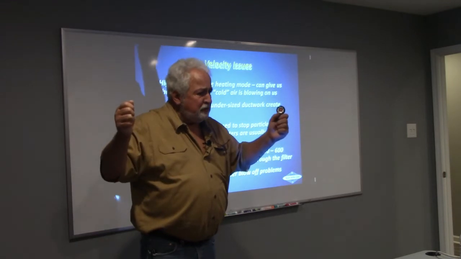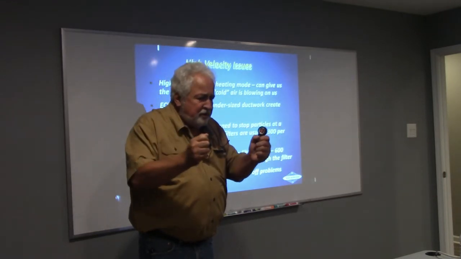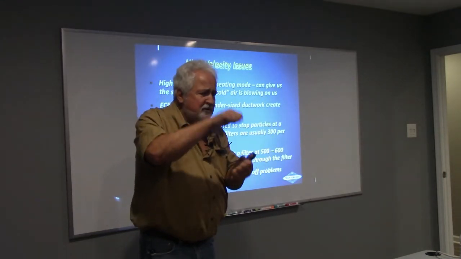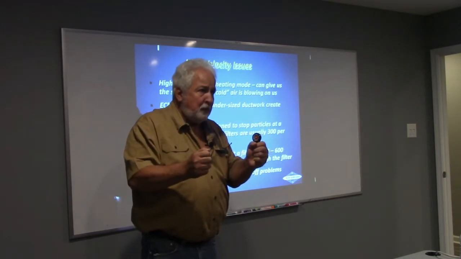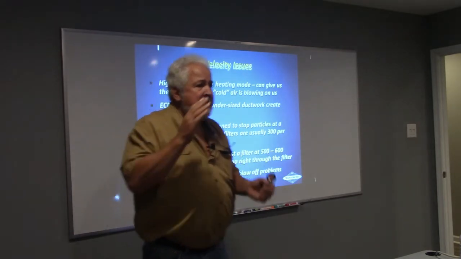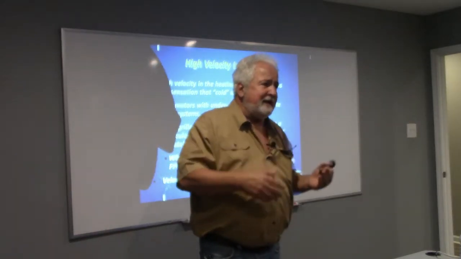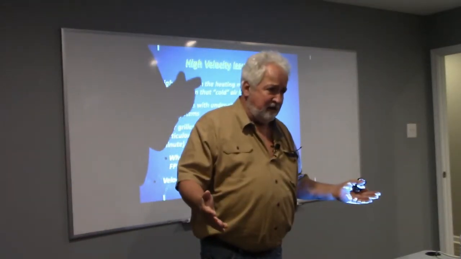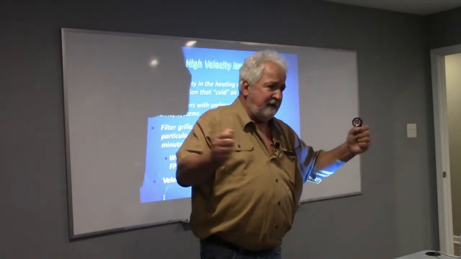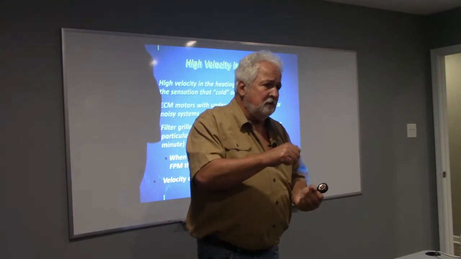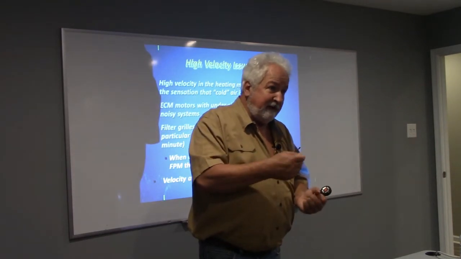So what we're doing is saying that they're undersized. Well, if I undersize it, what happens to the speed? Good, okay, so it goes up. If a filter grill is rated to catch something at 300 feet per minute, it's designed to catch it at 300. And if I make it too small, the air is going to be moving faster, is that right?